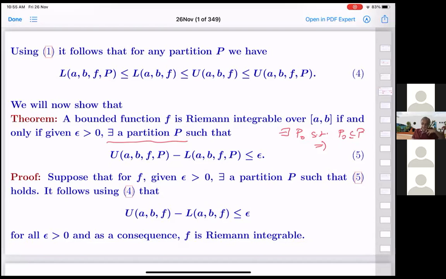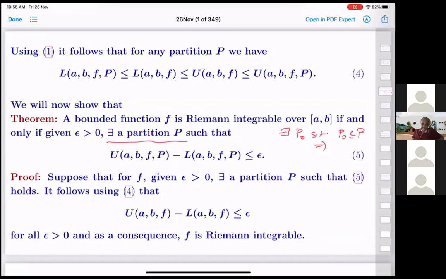Let's suppose that such a thing is true. That is, given any epsilon, we have a partition so that equation 5 holds. We have already seen in 4 that the actual distance between U and L is less than or equal to the distance between U and L for any partition.